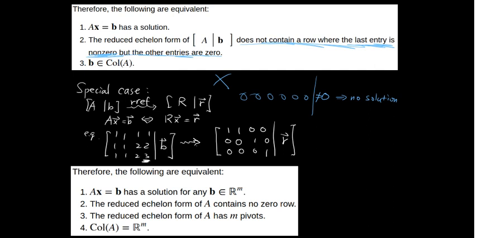And why do we talk about this? Because this means that whatever vector b in R^m, it is going to be in the column space. Any vector in R^m is going to be in the column space. So this means your column space is the whole thing. For this case, the column space is equal to R3.